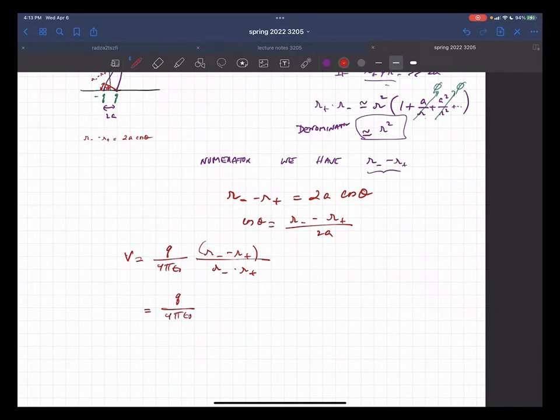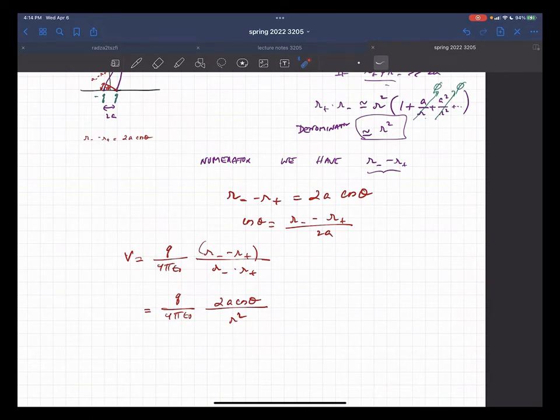We replace the top part with 2a cos theta over, and replace the bottom, again far from the dipole, with just r squared. We did that here, and we did it sort of here.